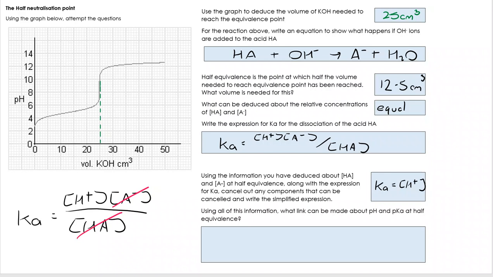Now, we also know that pKa is negative log to the base 10 of Ka, and pH is negative log to the base 10 of the concentration of H+. It's the same expression with different values. So that also means that if Ka is equal to concentration of H+, pH is equal to pKa. Now that can be really useful for using the graph to find out pH values.